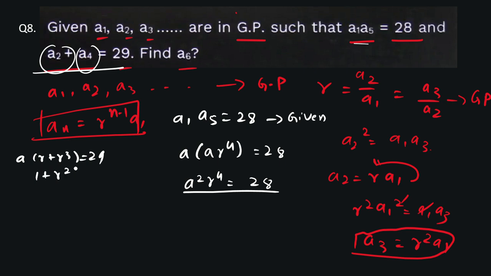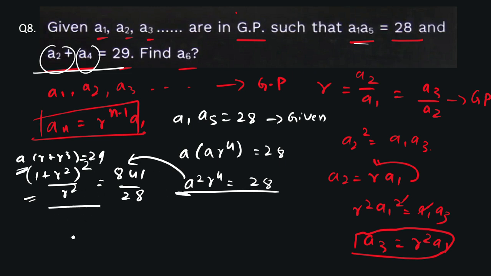1 plus R square whole square by R square is equal to 841 by 28. How did we get this? We get this using this equation. Put the value of A here. From here we get R equation. After solving this equation we get value of R square, which is equal to 28.